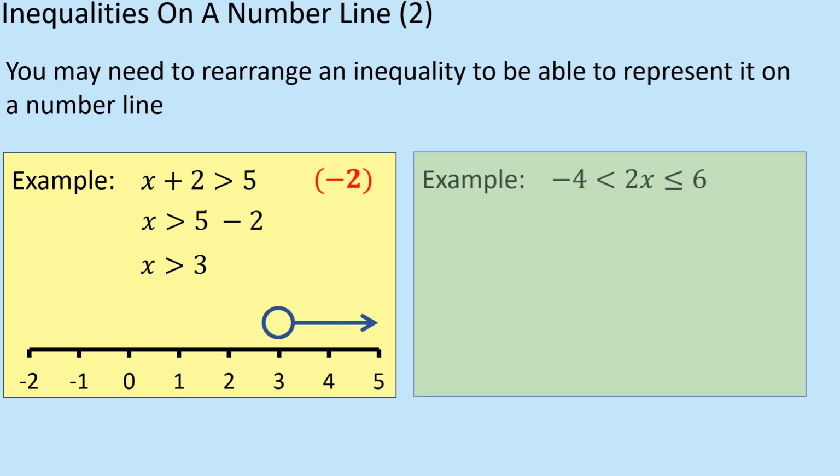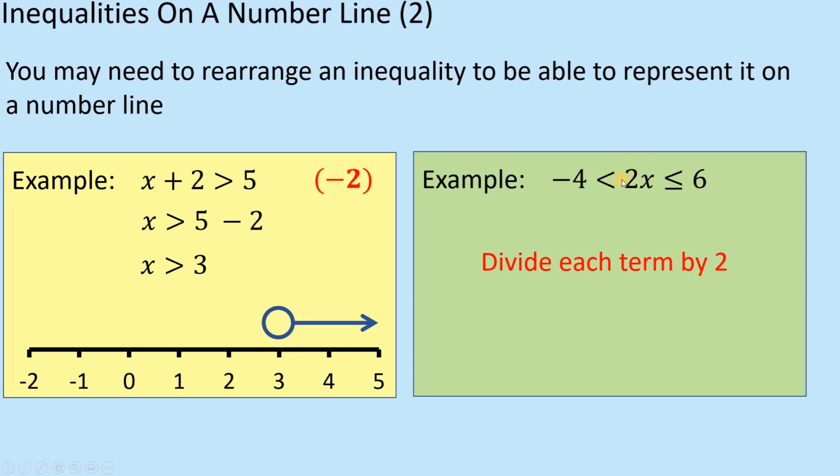All right, so what happens if it's like this? Well, that's going to be a little bit more complicated. So what you tend to do is divide each term by 2, all of it. Whatever we do to one bit, we need to do the same for the rest. Well, what you should do is treat each half separately.